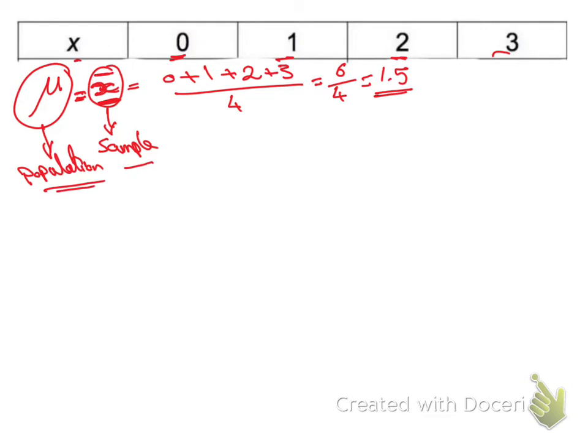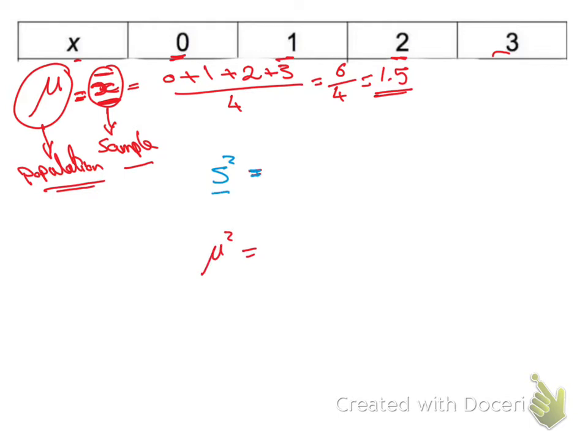So what about the variance? How do we get the variance for such a case? Let's assume it is a sample, s square, because I have two variances: for the population, sigma square, and for the sample, s square.